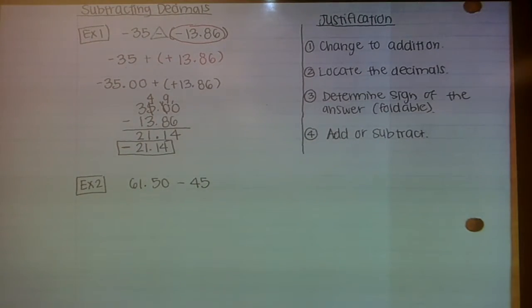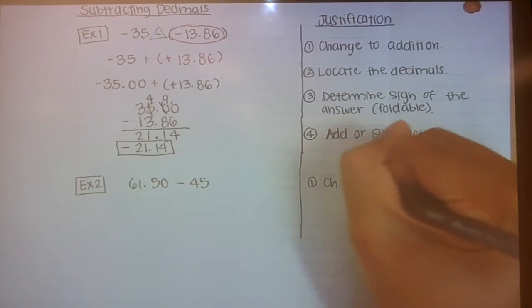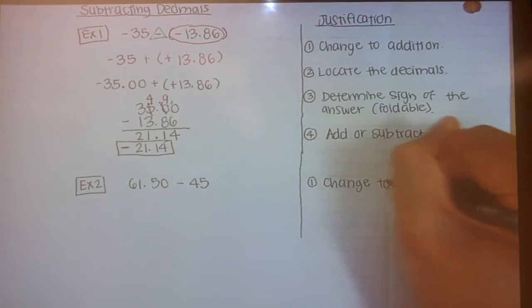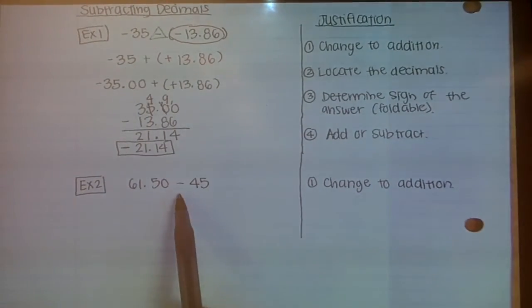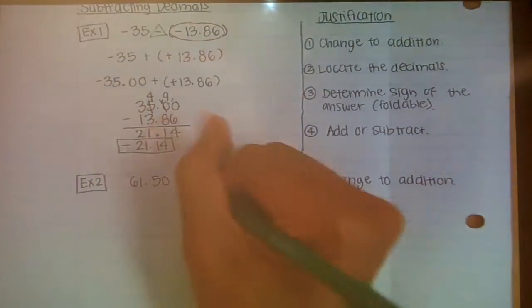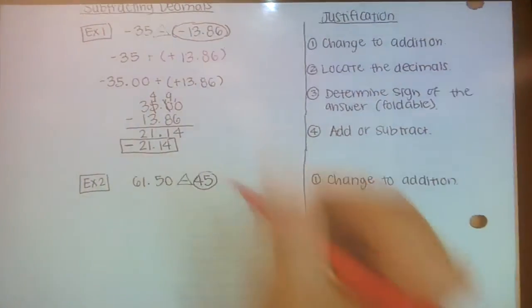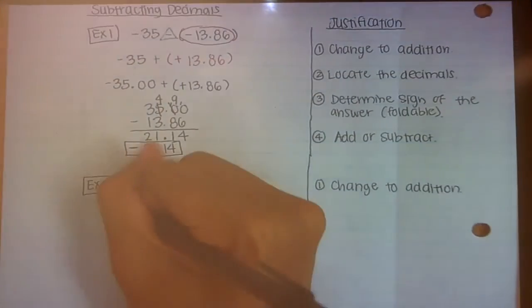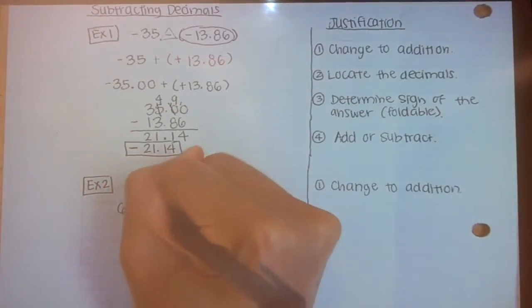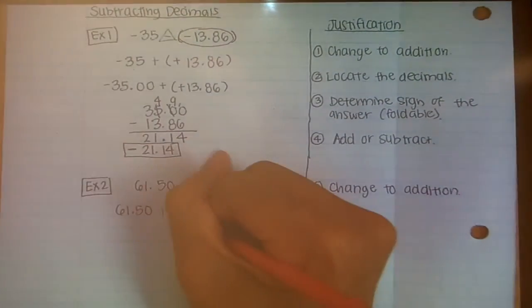So the first step is to change to addition. Addition makes the problem a little bit easier, so we're going to change the sign, change the operation, and find the opposite of the second number. This second number is a positive 45. So we have 61.5 plus a negative 45.